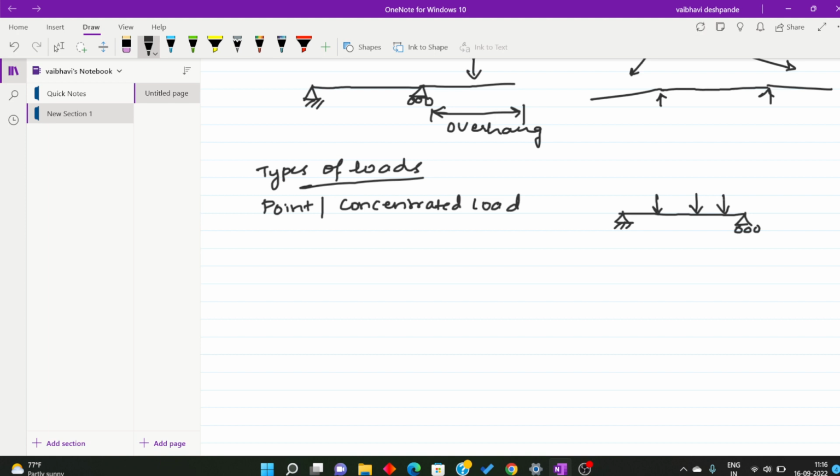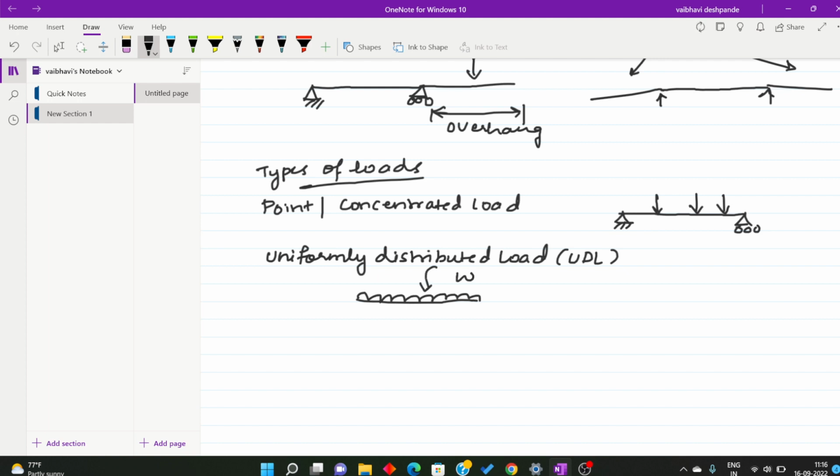Then second one is the uniformly distributed load, or it is called as UDL. It is spread over certain span. It is represented by certain intensity like W kilonewton per meter. It is spread over some m meters.